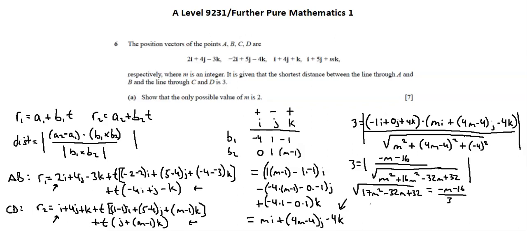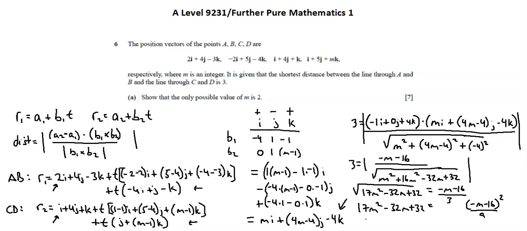However, I'm going to square both sides to remove the radical from the left. 17m squared minus 32m plus 32 will be negative m minus 16 squared over 3 squared, which is 9. So now negative m minus 16, whether that had been positive or negative, that expression is going to be squared, producing a positive value.